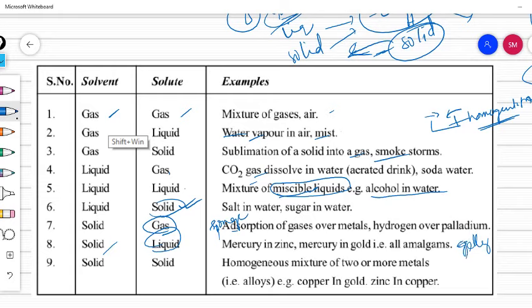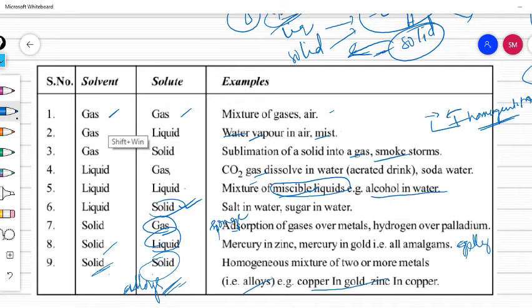Next, solid in solid. These are said to be alloys. All the alloys are mixtures of solids in solids, like mercury based alloys and copper-gold alloy. These are all solid in solid mixtures.